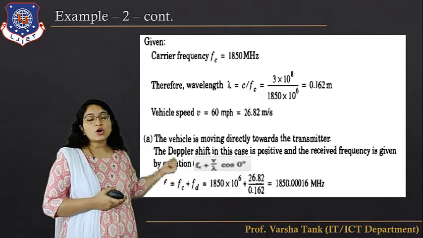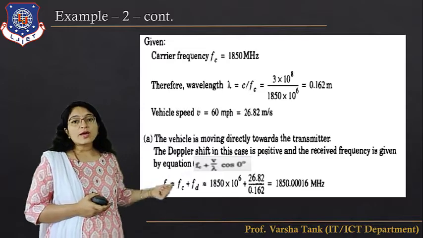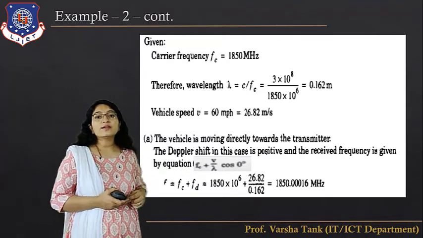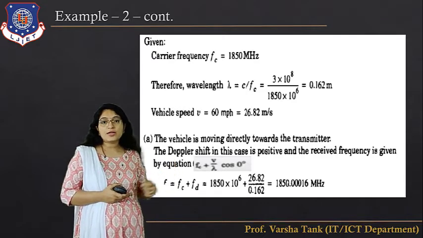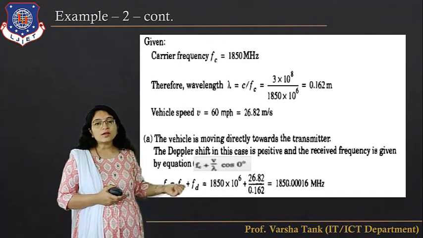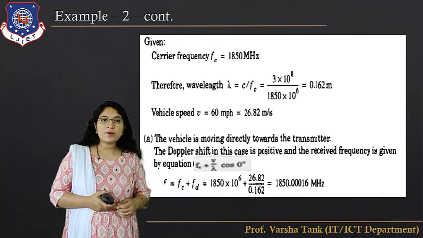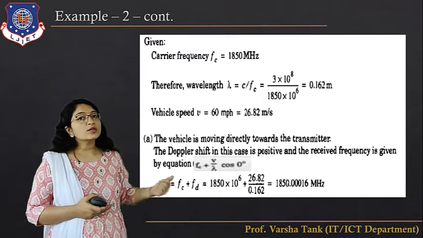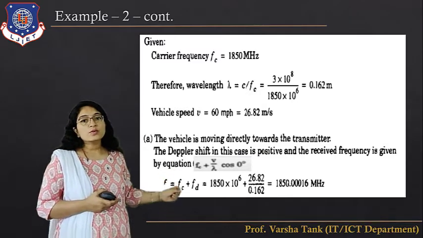Here cos 0 is 1. So f is equal to fc plus fd, 1850 into 10 raised to 6 plus 26.82 divided by 0.162. We have all the values, so you put them in and you will get the answer 1850.016 megahertz. Cos 0 means 1.